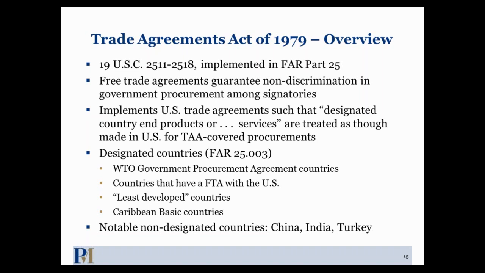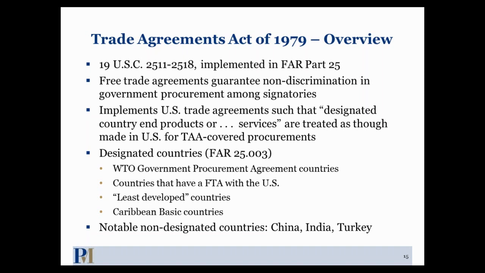So we've got three of the biggest ones here: China, India, and Turkey. I think the one that we encounter the most is China, and that's probably true for many of you as well. Most often, when there's a question about where we can source a product from, or where it's made, or where a lot of the components are coming from, or it's being substantially transformed, there's a lot of hand-wringing.